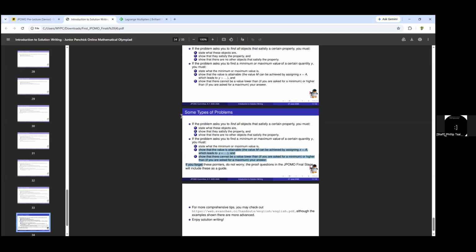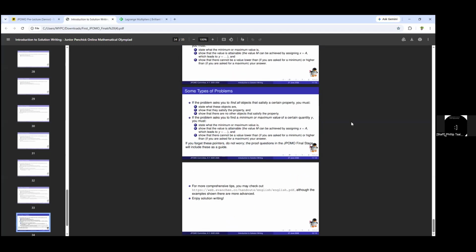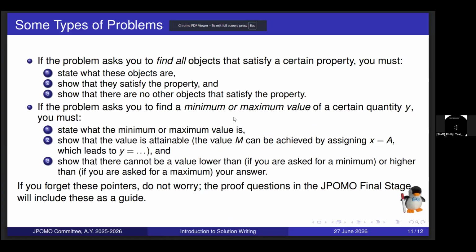So if you forget these pointers, do not worry. By the way, you don't need to memorize them. It's better to just learn them over time, because it's much easier and you learn a lot more.